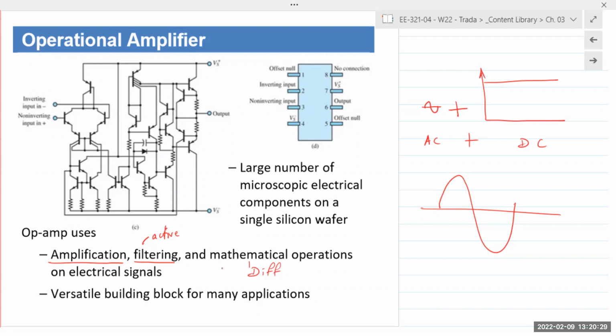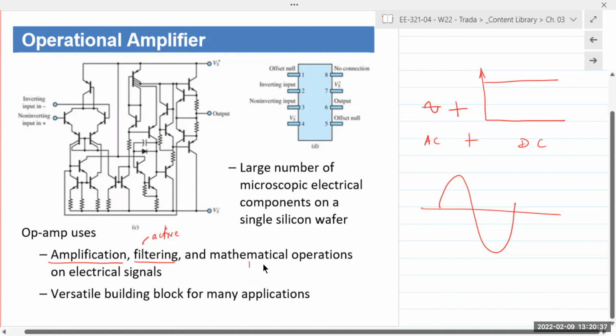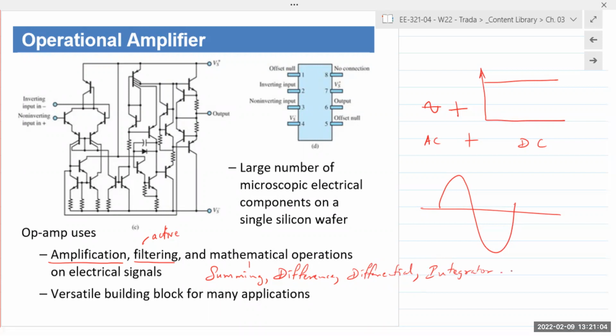Okay, so you have a differentiator and you have an integrator operation using the op-amp. So summing, difference amplifier, differentiator, kind of the same thing, and integrator. And we will see later on in this chapter that some of the circuits are the exact same depending on the analysis we perform.